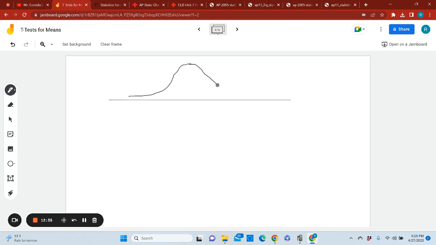All right. This is my sampling distribution of X bar, right? If I were to take many, many samples of size 12 and measure their average amount of ounces of milk in each container in my sample, and then plot those on a dot plot, this is what it would look like.